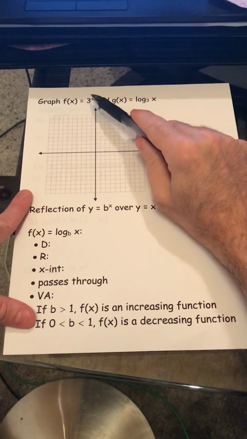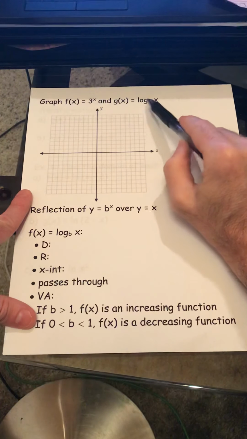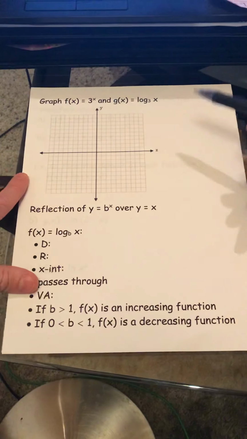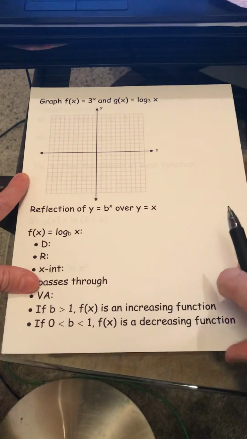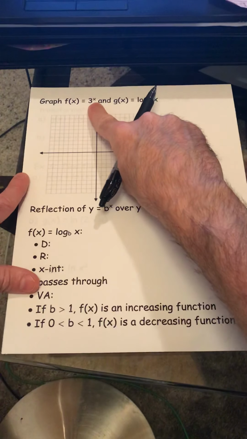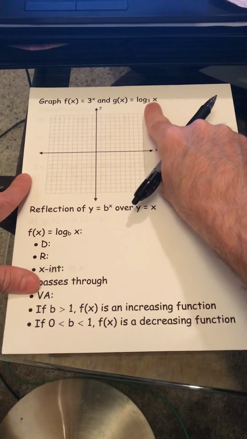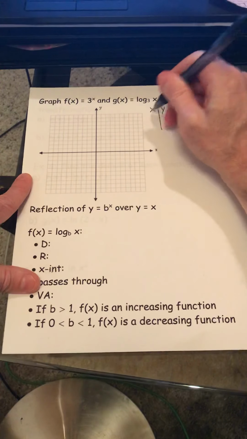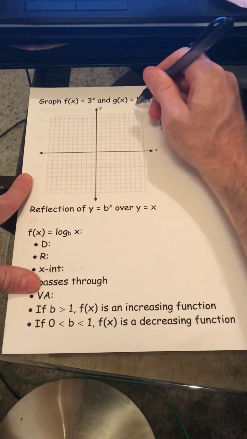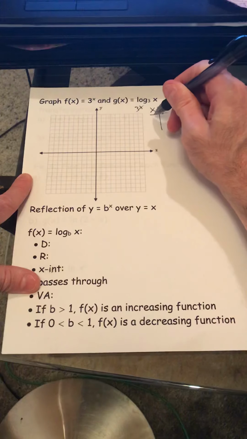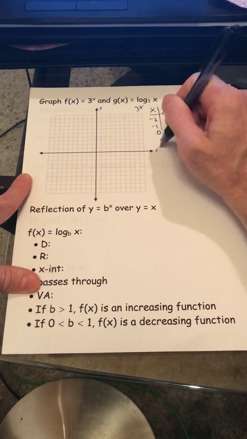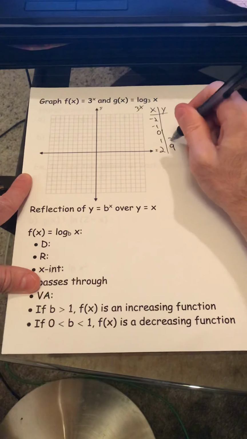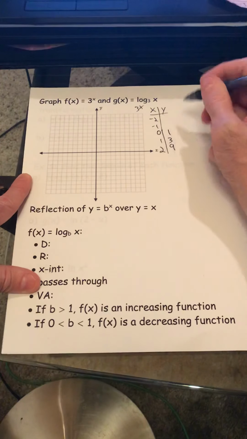Graph f of x equals 3 to the x, g of x equals log base 3 of x. Now, this goes back to something that we looked at in 3.1. This will be in section 3.2. So, if I set up for 3 to the x, well, 3 squared is 9. 3 to the first is 3. 3 to the 0 is 1.